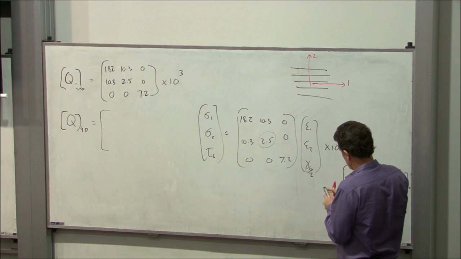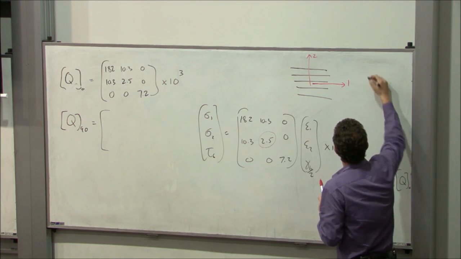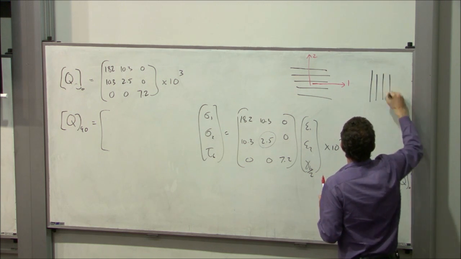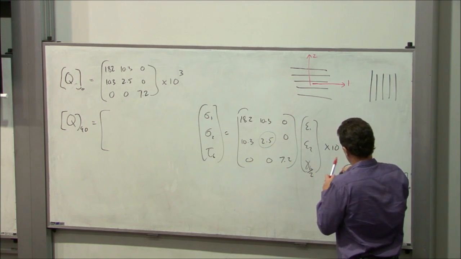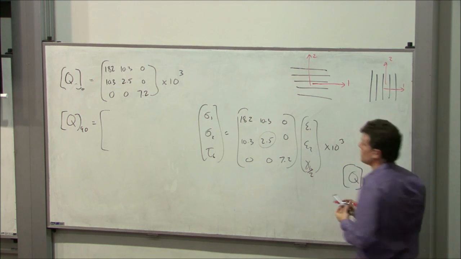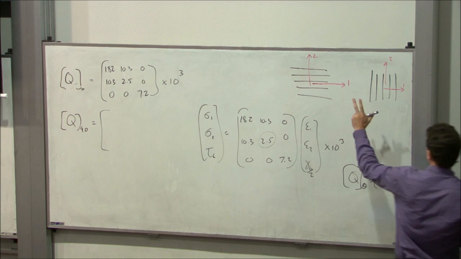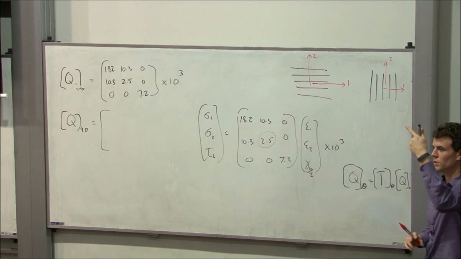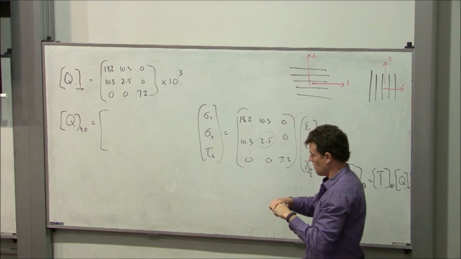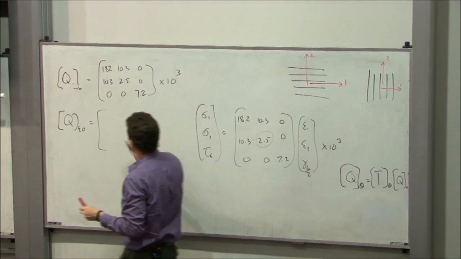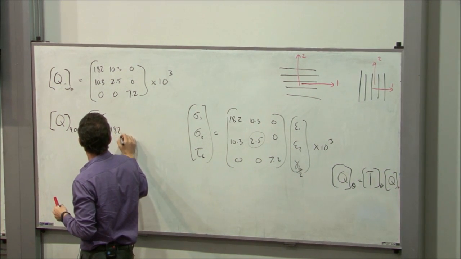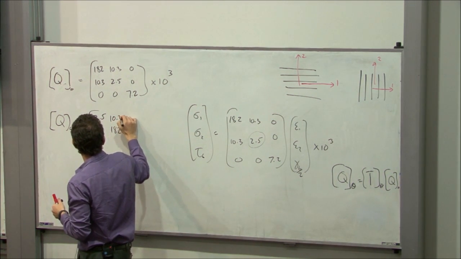Now, if we wanted to get Q in the 90, then all we're really doing is switching our 1 and 2 indices around. And it turns out that we can just do that to get the Q for the 90-degree direction. We can just switch anywhere where there was a 1, turn it into a 2, and leave everything else alone.